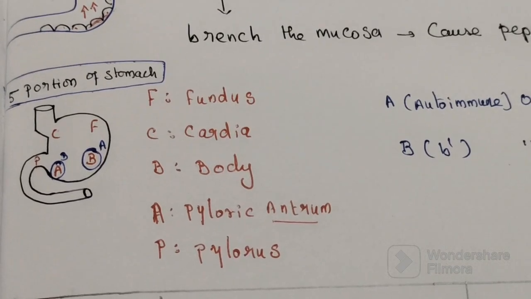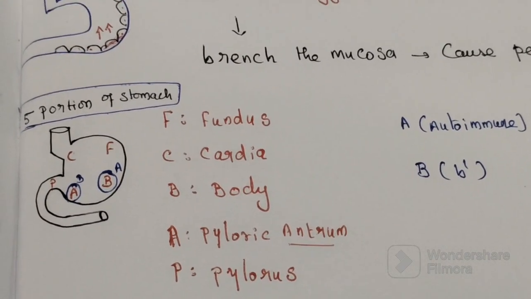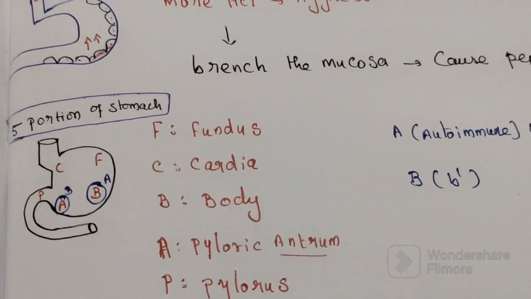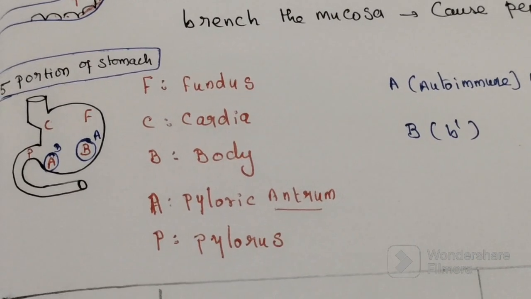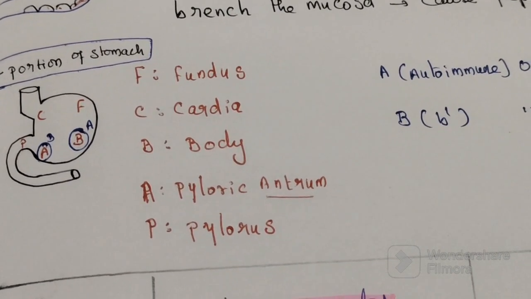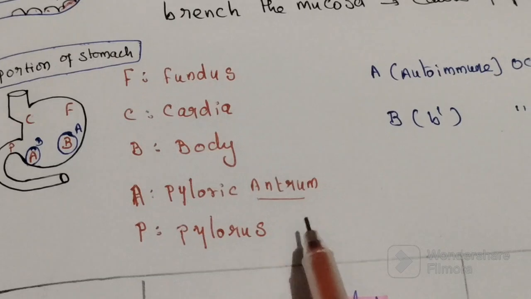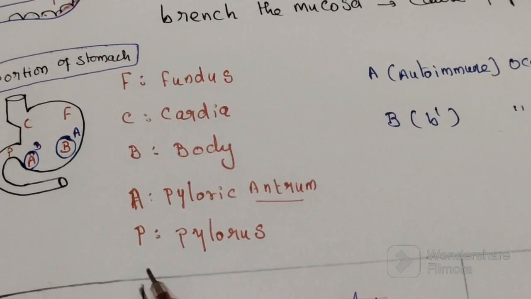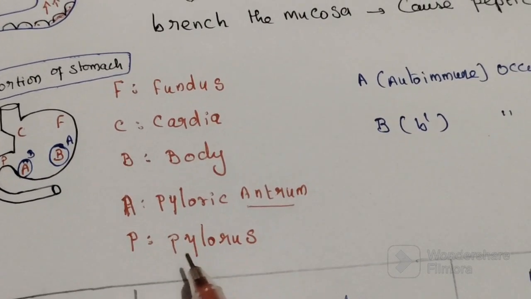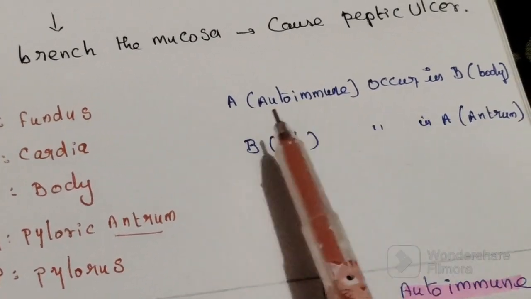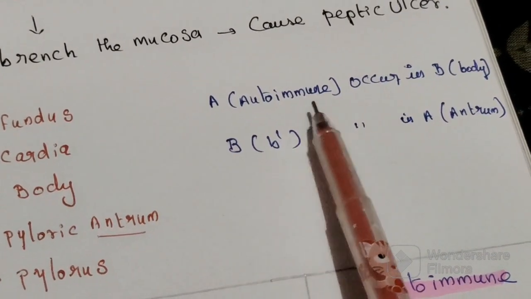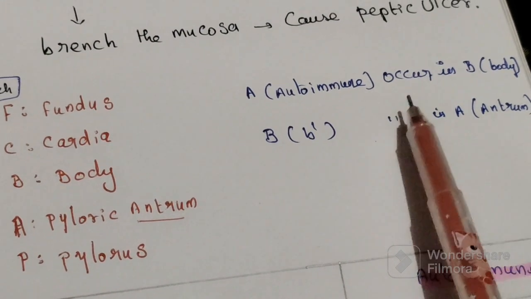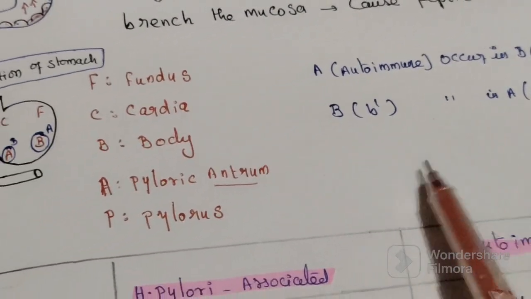What is the most common site? This is the stomach. It has 5 portions. First one is fundus, second one is cardia, third one is body, fourth one is antrum, fifth one is pylorus. So these 5 portions. Type A, autoimmune, occurs in the body, type B occurs in the antrum.